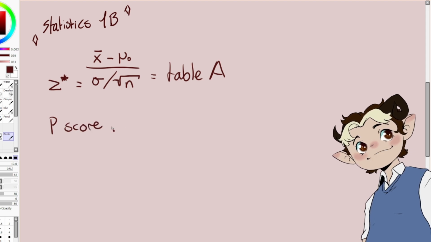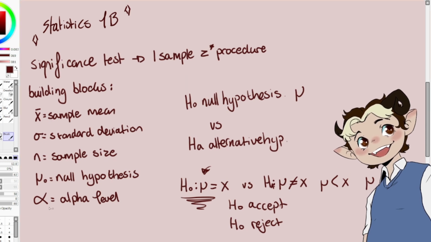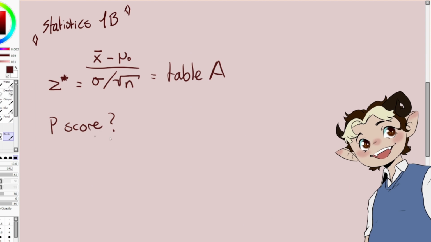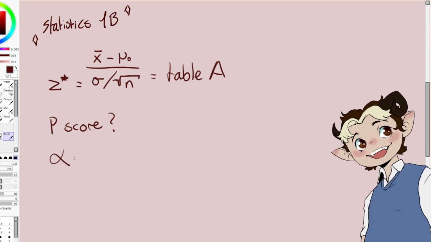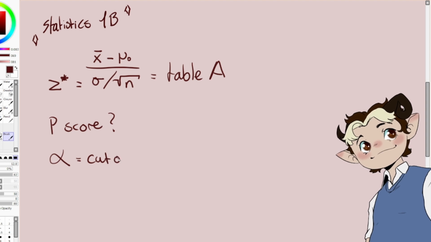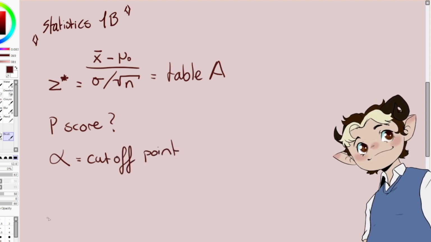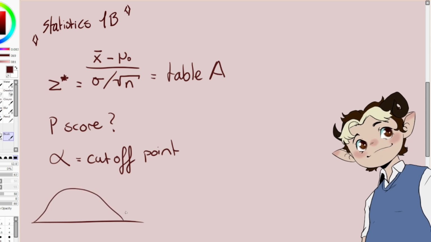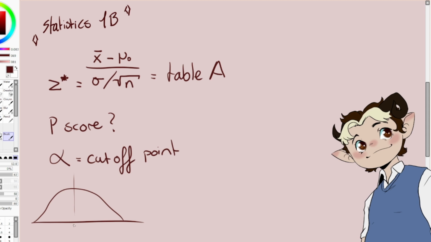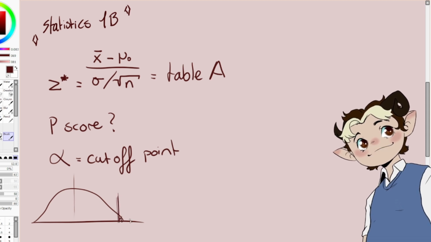What do we do with that p-score? Well, as we could see in our building blocks here, we have our level alpha. Our alpha level is basically our cutoff point. We have our normal distribution, and we have our cutoff point at like 5% over here.